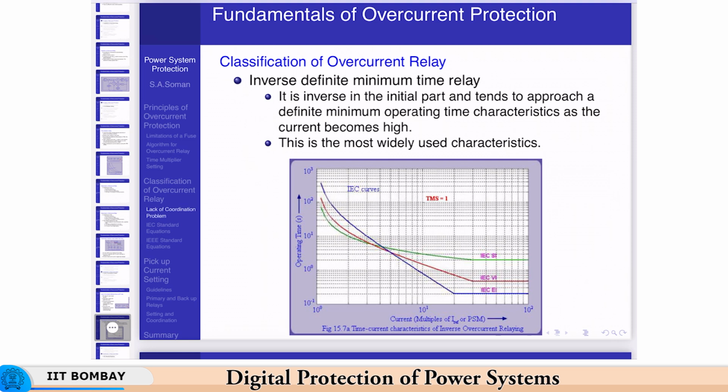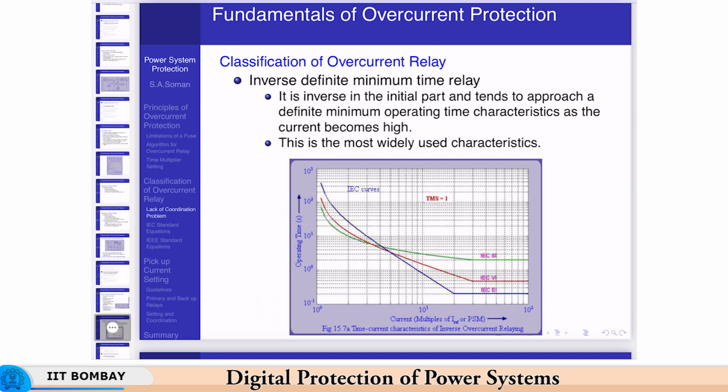That is why there is what is known as a minimum time. Beyond a certain value of current, the relay will operate in a constant time, which is known as the minimum time. So, that is why it is the inverse definite minimum time relay.